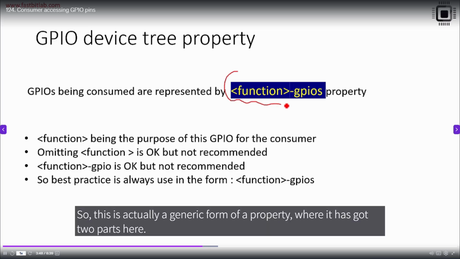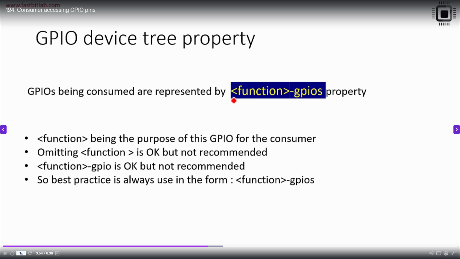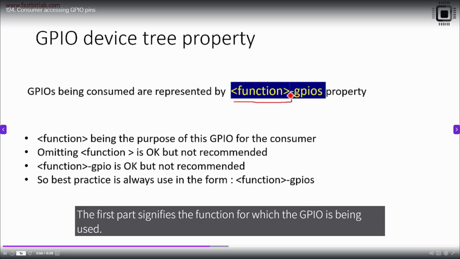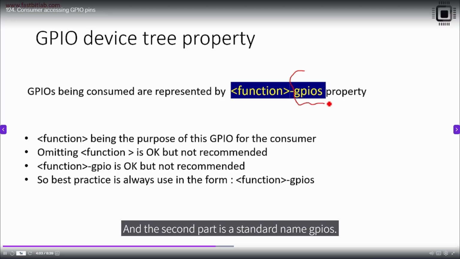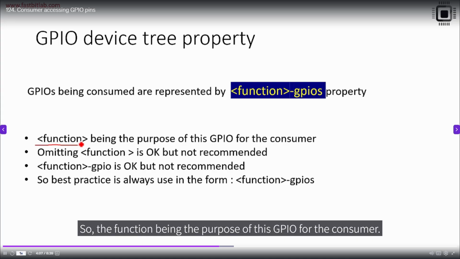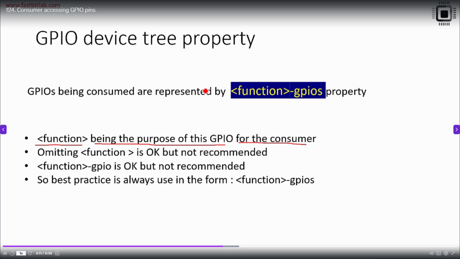This is actually a generic form of a property which has two parts. The first part signifies the function for which the GPIO is being used, and the second part is a standard name, gpios. The function is the purpose of this GPIO for the consumer.